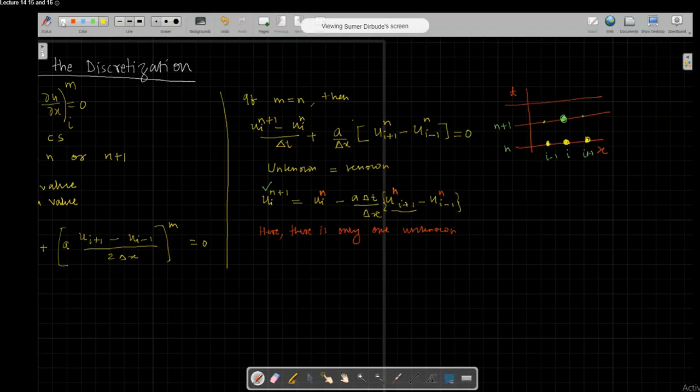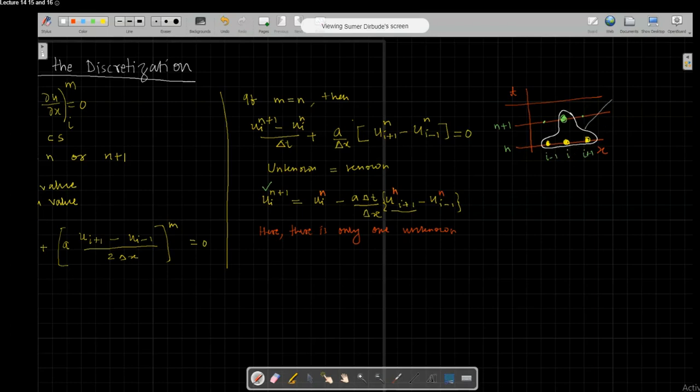So these node values are only used in this expression: the n plus 1 node value and n node values at I plus 1 and I minus 1.